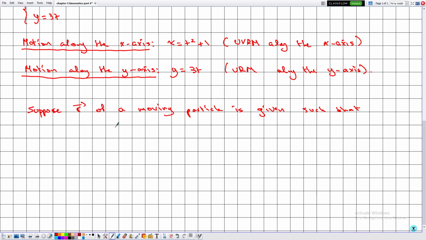Suppose r of a moving particle is given such that we have UVRM along the x-axis.